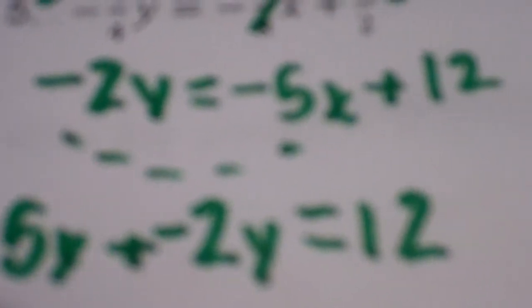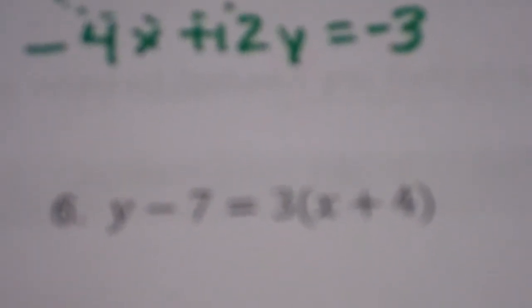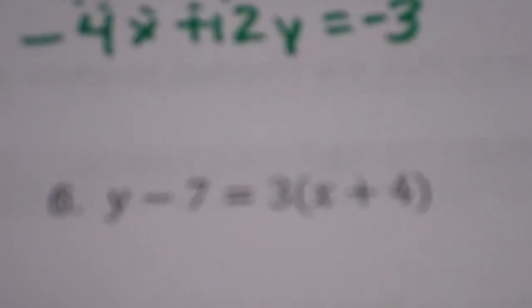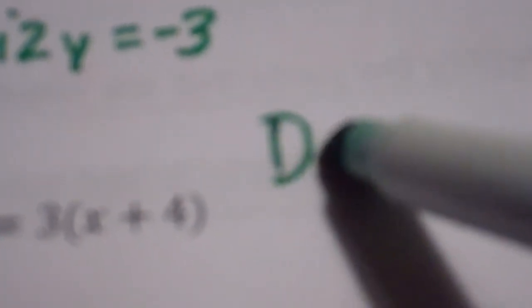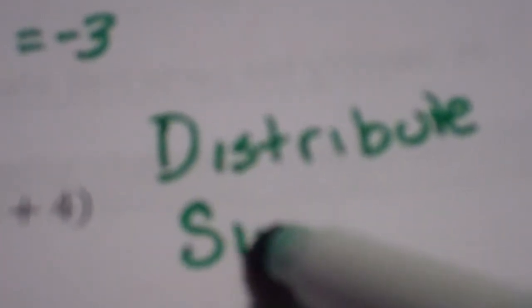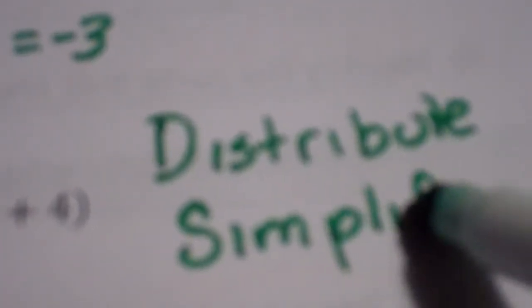Okay, now this next one, oh, this is in point-slope form. We're going to have to use the other 2 steps that we didn't use above. Let me fill them in down here. First step, distribute. Next step, simplify. Then move the x term over.